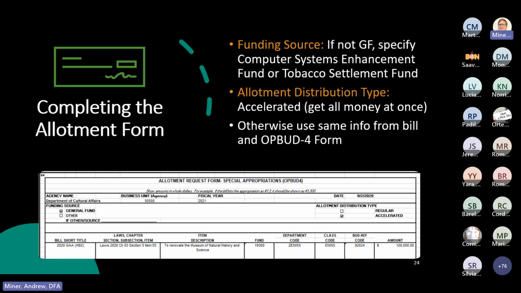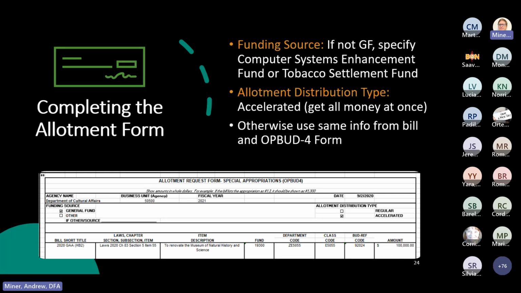So this is also pretty self-explanatory to fill out, very straightforward. You can see basically either the information is obvious or also from the table of budget codes again. On funding source, it's either going to be general fund or other. And if other, then specify it, right? It's either computer system enhancement fund, if it's one of those Section 7 appropriations, or tobacco settlement fund.